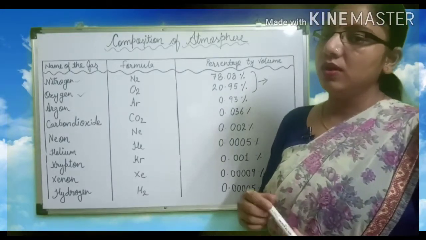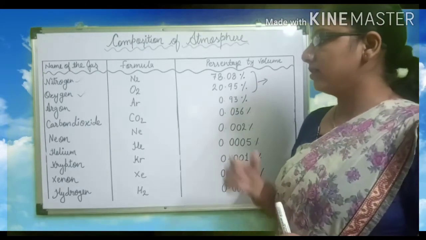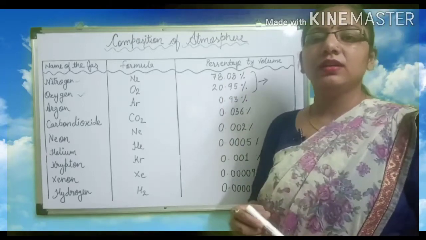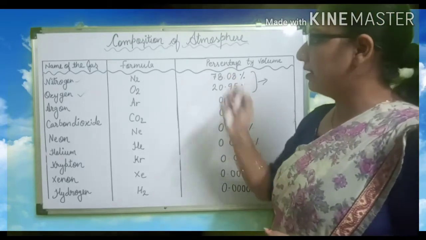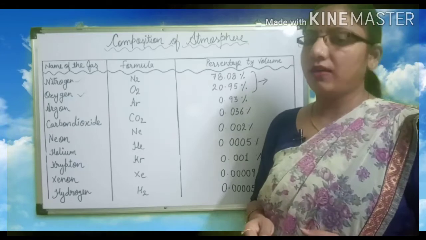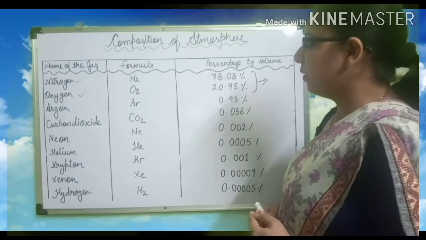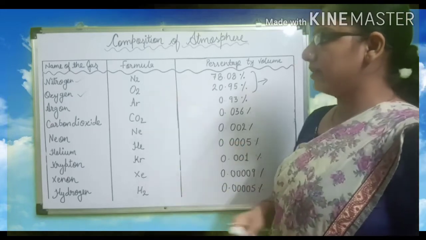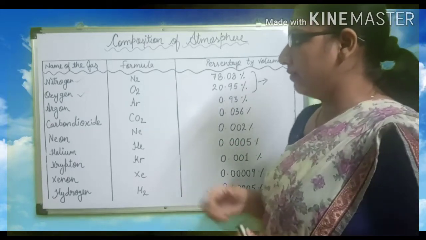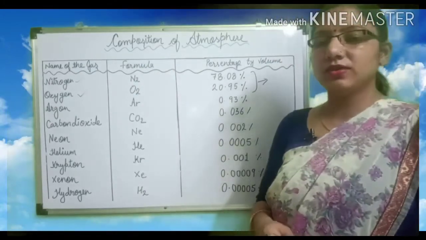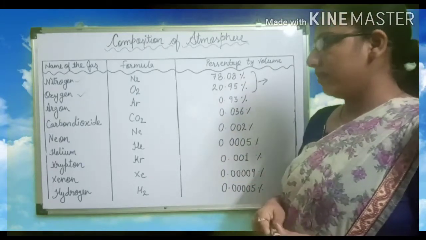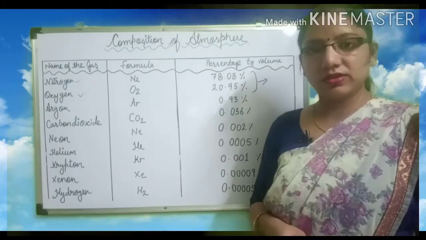That is due to that reason only, because if the oxygen were in a greater amount compared to the nitrogen, it would be harmful for human survival. And students, all these gases are important gases. If we talk about nitrogen, why is nitrogen in this amount? First of all, the nitrogen is controlling the oxygen.